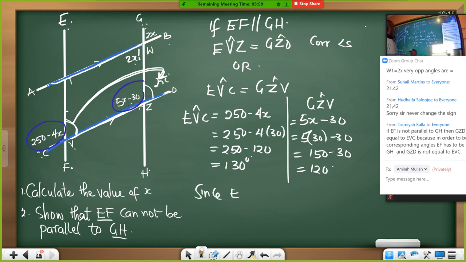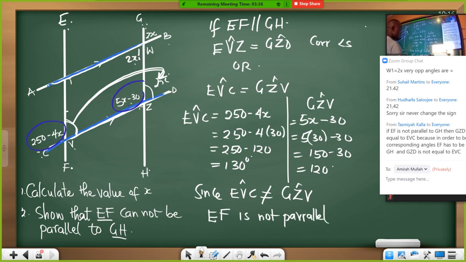Since EVC is not equal to GZV, it means that EF cannot be parallel to GH. There are so many other ways, but I think that is one of the ways.